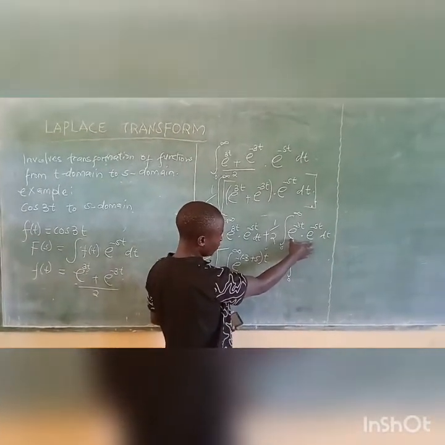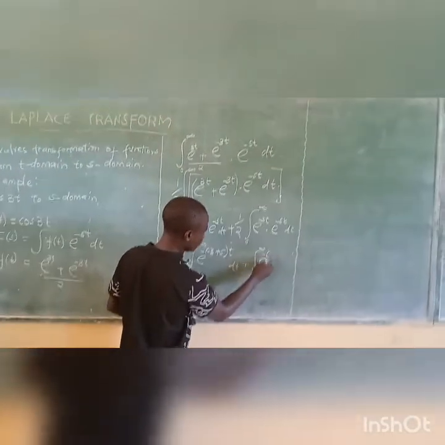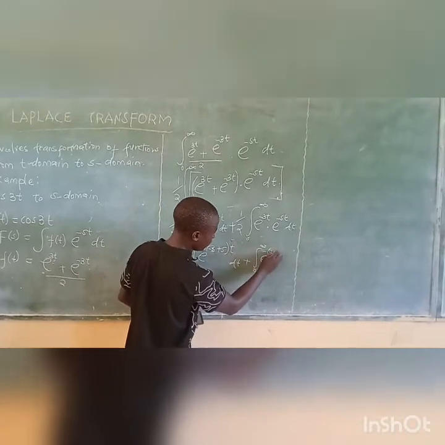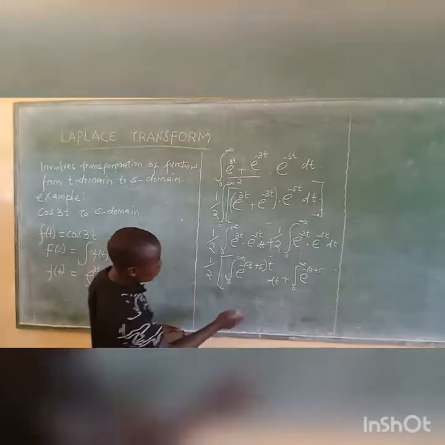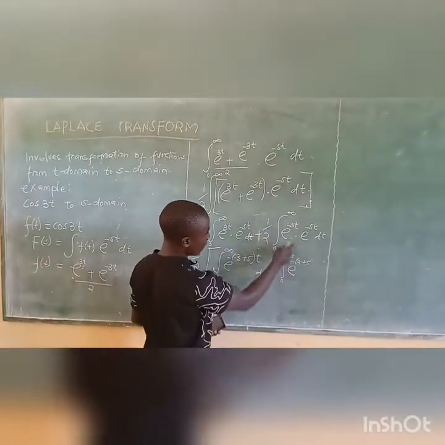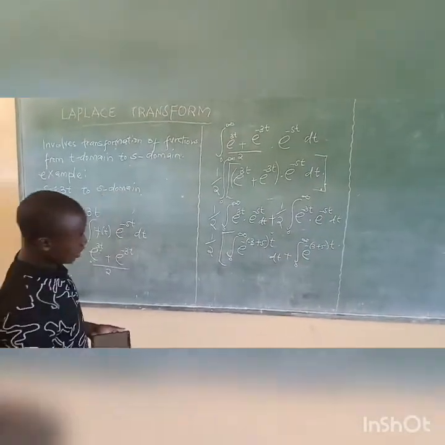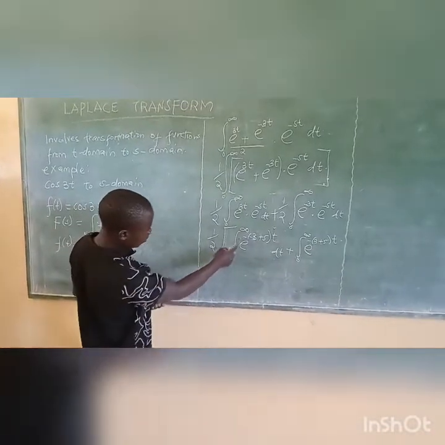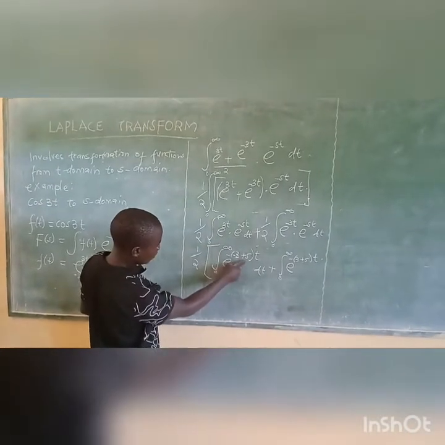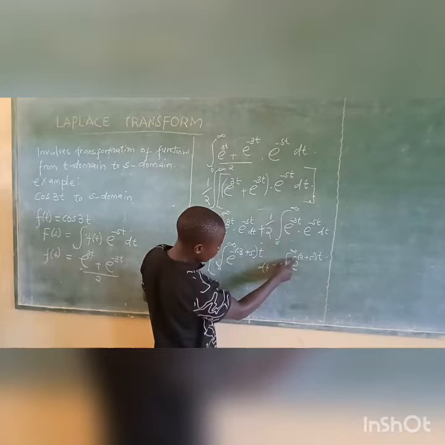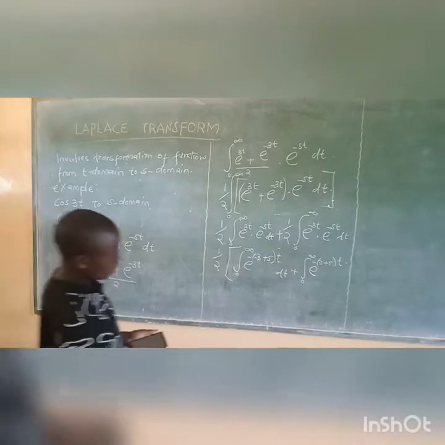When you add these ones, it will be exponential negative 3 plus s, negative 3 plus s. But this one is negative when it's positive, negative. So this one, negative 3, negative s, with respect to dt.